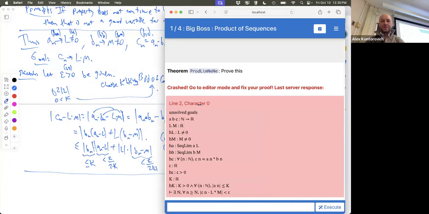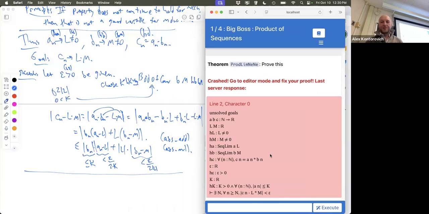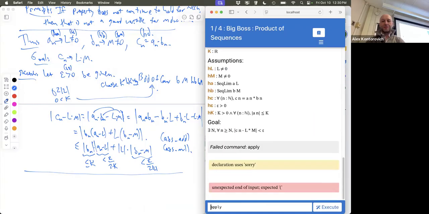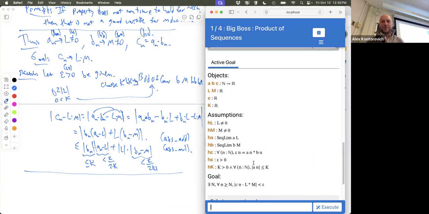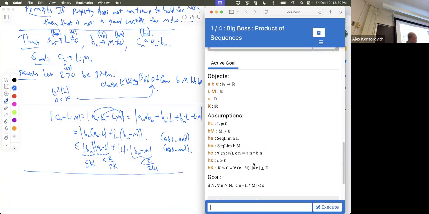Let's see. Can I slide this back over? Oh, that's annoying. Ah, wait, I can't scroll up anymore? Do an apply that does nothing. Got it? Great. Now I can scroll up. Okay. You notice what it gave us for HK.